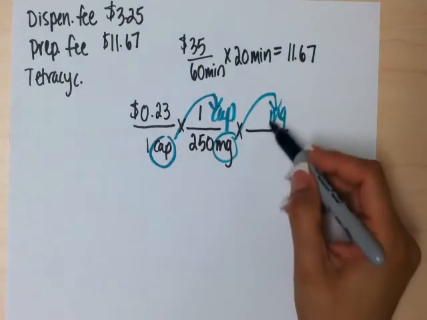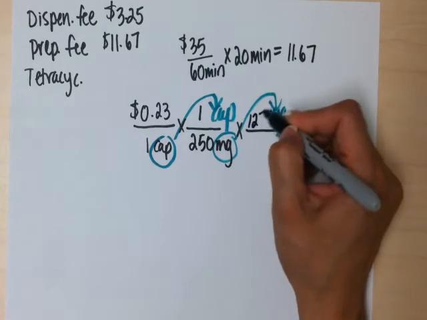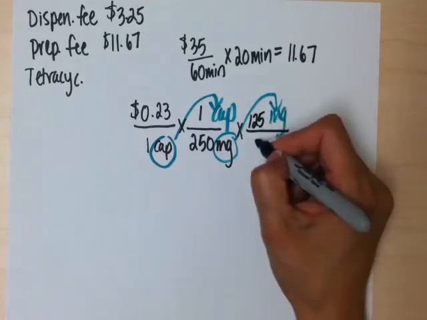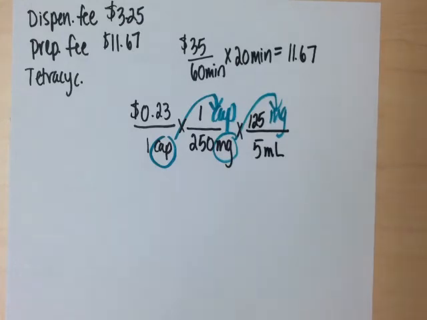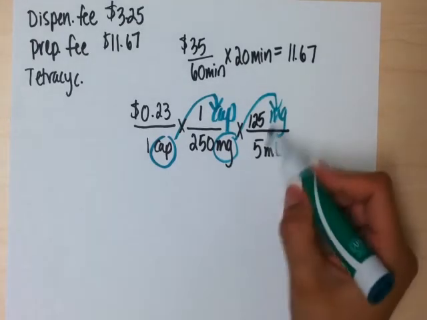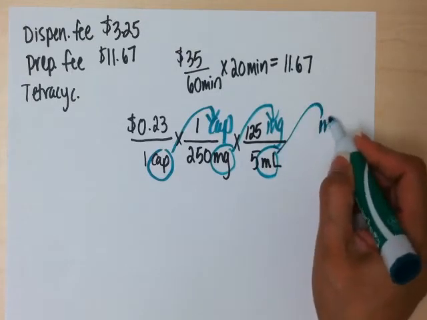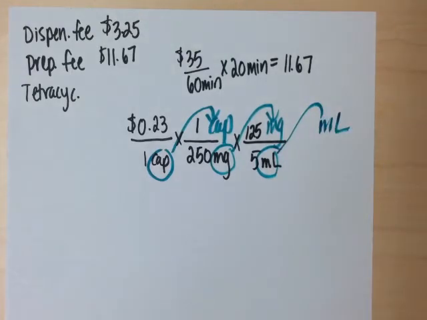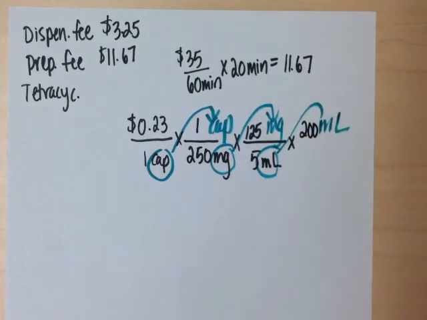So here is where we'll incorporate the concentration. And that concentration that we're making is 125 milligrams per 5 mLs. And then the last step that we'll incorporate for this one is the total volume that we're making, which if you remember it said QS 200, so that's the 200 mLs.